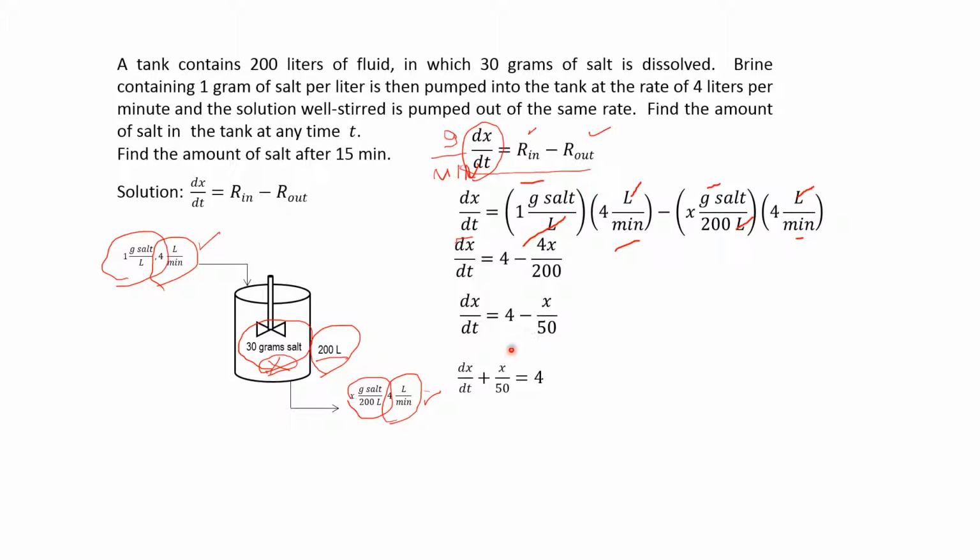Transfer that x over 50 there. That is dx/dt plus x over 50 equals 4. Now you see, this is a linear differential equation. So our p of t is 1 over 50 and q of t is 4, and our integrating factor is of course e to the integral of p of t dt, that is e to the integral of 1 over 50 dt, that is e to the 1 over 50 t.